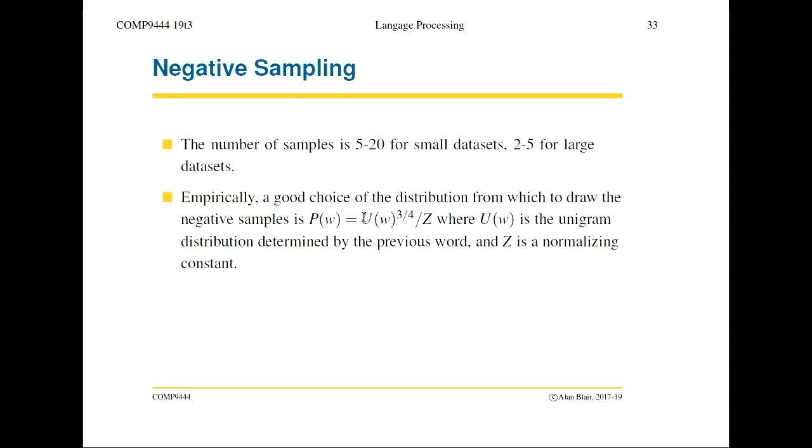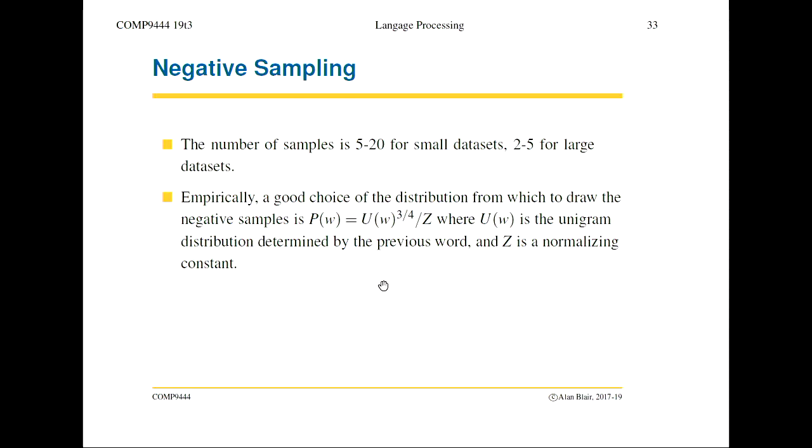But it turns out that you get better empirical results if you take the square root. You could say, all right, I'll calculate the probability of a word occurring, and I'll take the square root of that number. So that would be a kind of compromise. You're choosing common words more often, but not as often as they really occur.